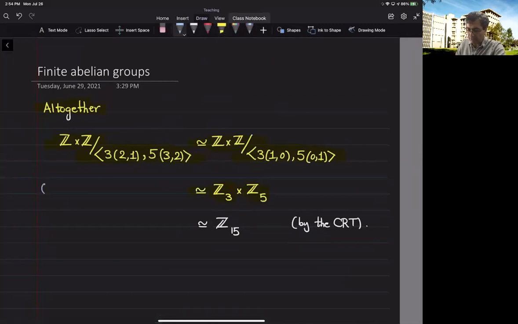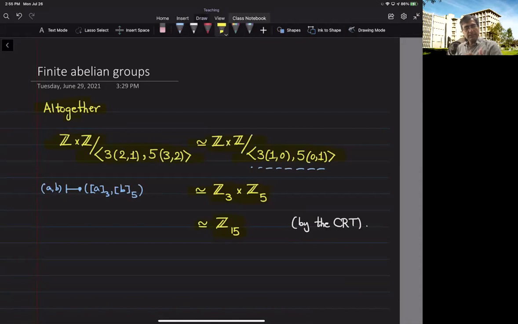Let me quickly say that you consider this map. You argue that it is surjective and its kernel is given by these two. From these two, we can deduce that it is isomorphic to this using the first isomorphism theorem. Now, by the Chinese remainder theorem, this is a cyclic group of order 15, and that completes the solution of this example.